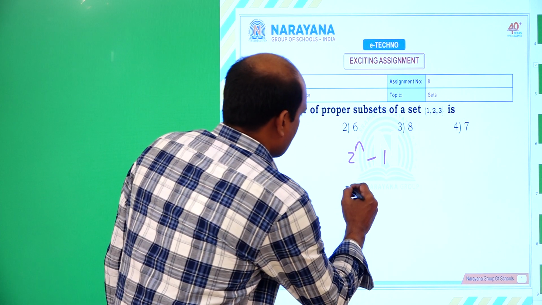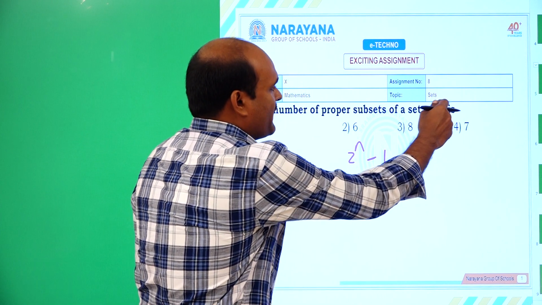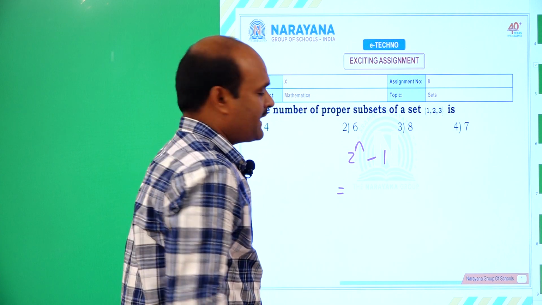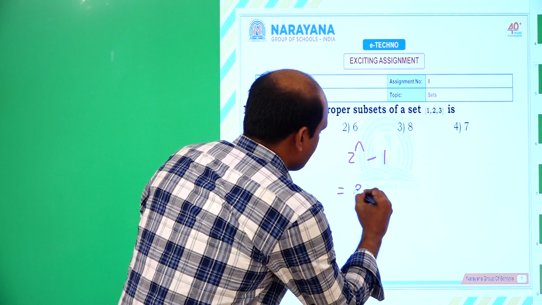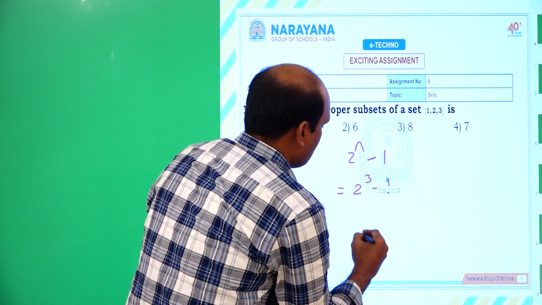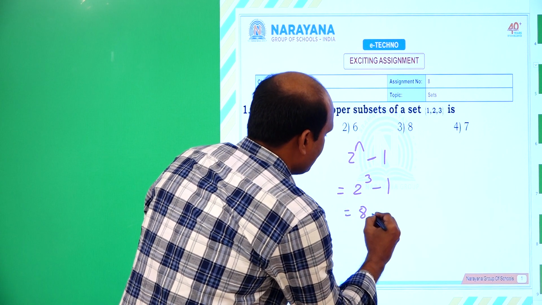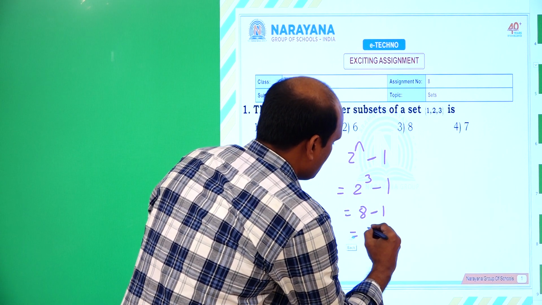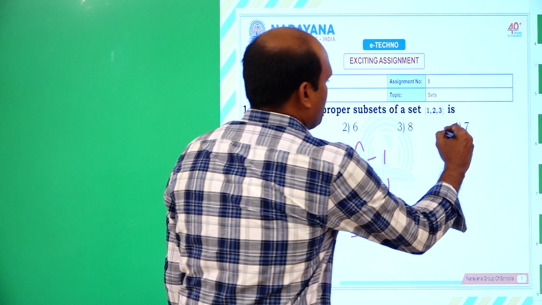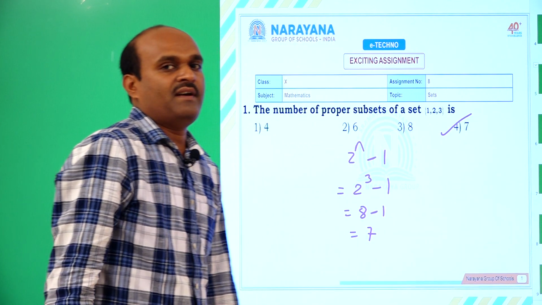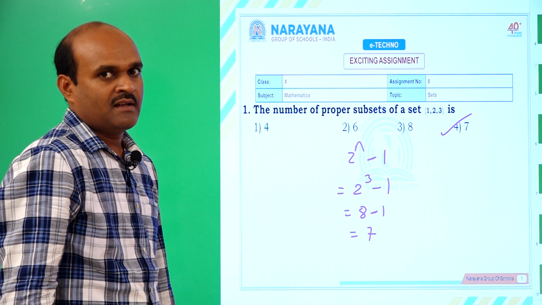The set contains how many elements? 3 elements, so n is equal to 3. That is 2 cube minus 1, which is 8 minus 1, equal to 7. So the number of proper subsets is 7.